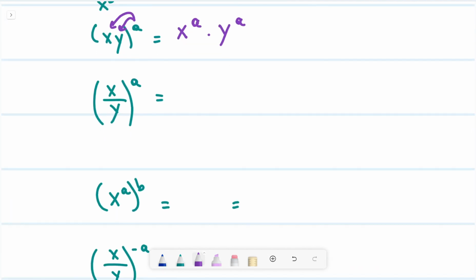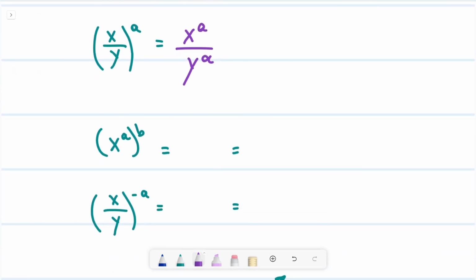x divided by y all to the power of a gives us x to the power of a divided by y to the power of a. Now x to the power of a all to the power of b, we multiply the powers, this gives us x to the power of ab. We can also write this as x to the power of b all to the power of a.